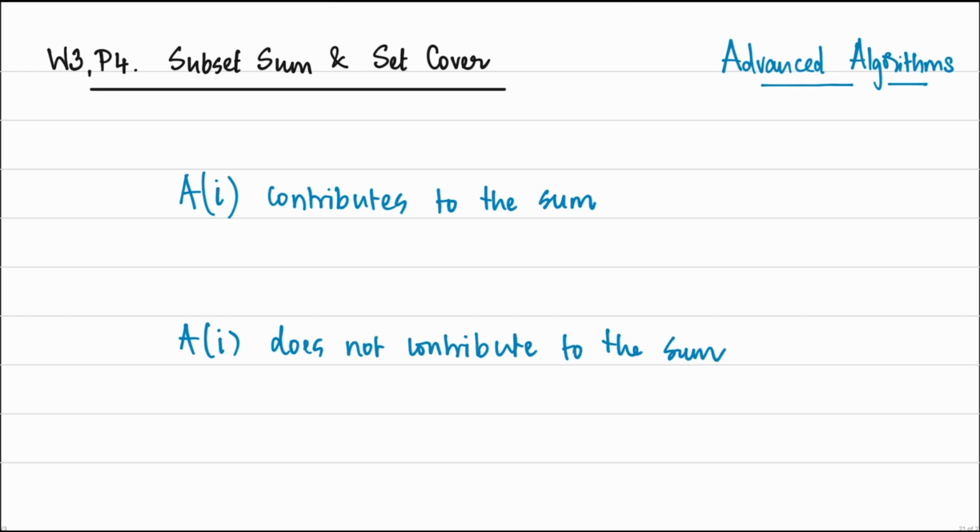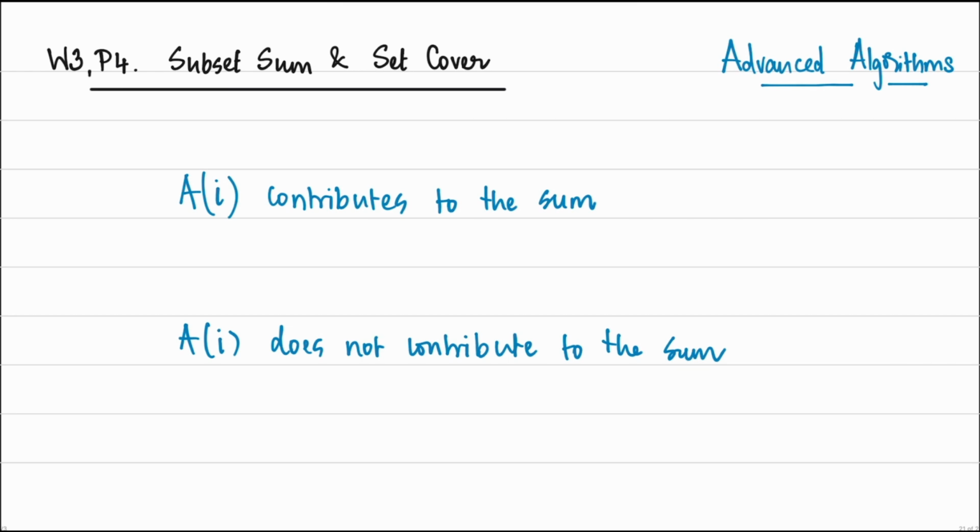So maybe there is a subset of the first i elements that does add up to j, but it does not involve a of i. Or maybe the only way to achieve a sum of j is to include a of i. But at this point, we don't really know which way it is, right? So as before, we are going to try and experiment with both.